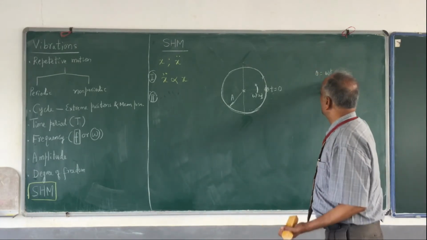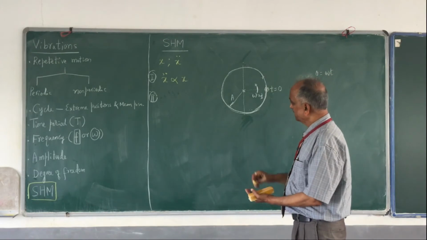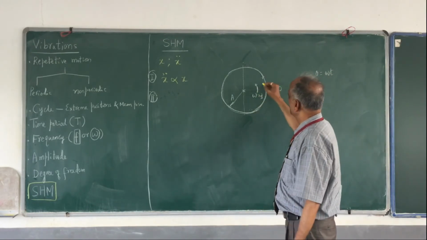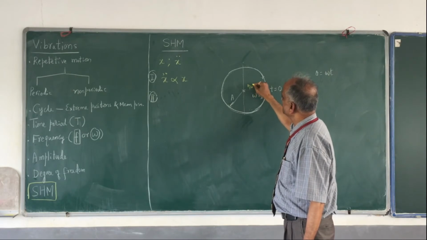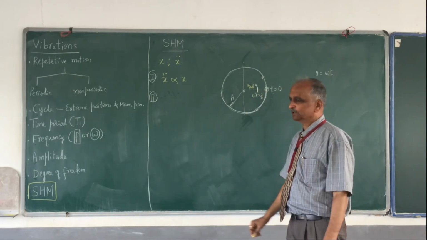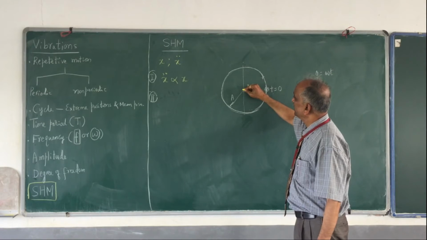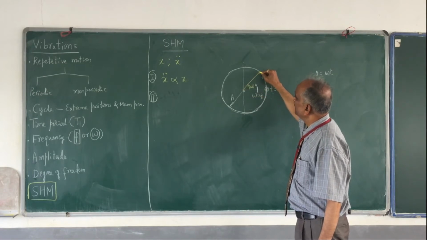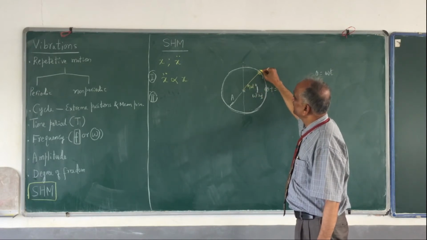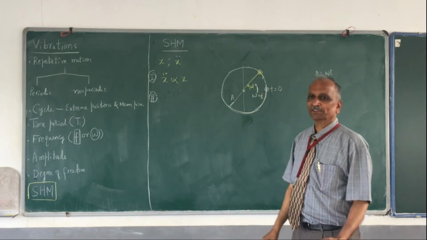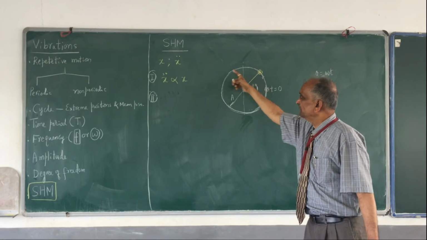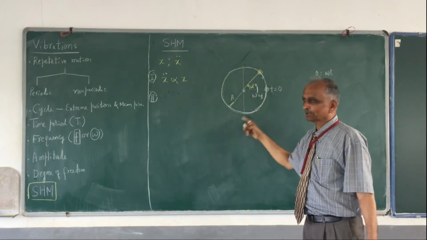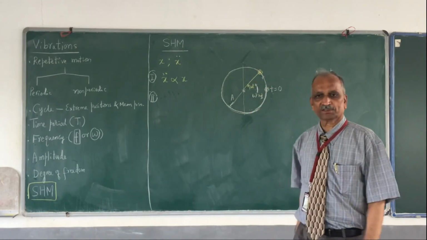Therefore theta is equal to omega t, the angular displacement, and after t seconds, traveling in the car along the circumference at angular velocity omega, you are here.